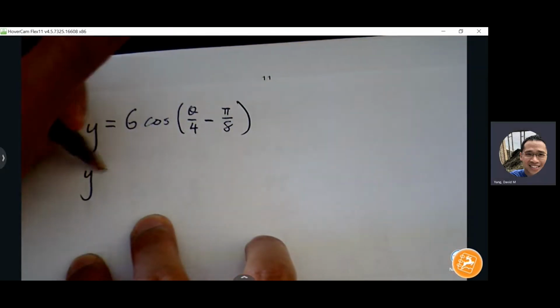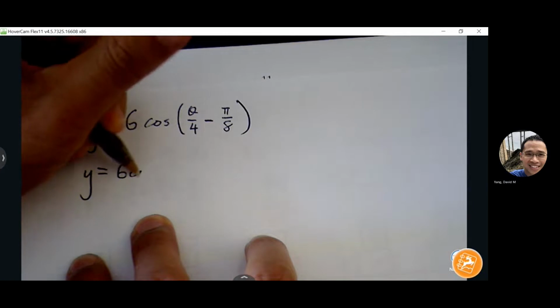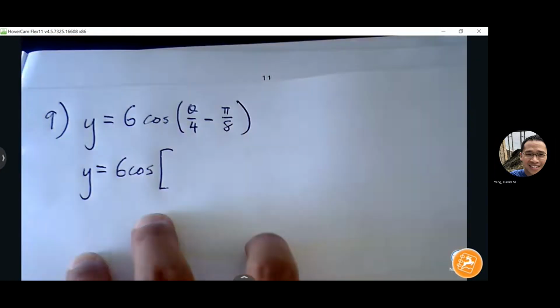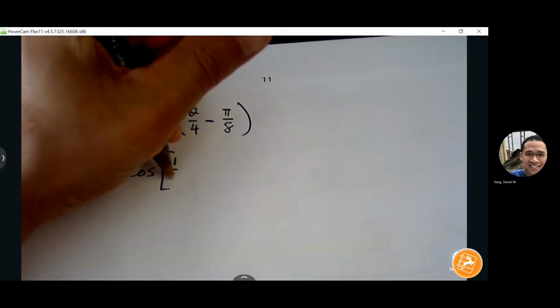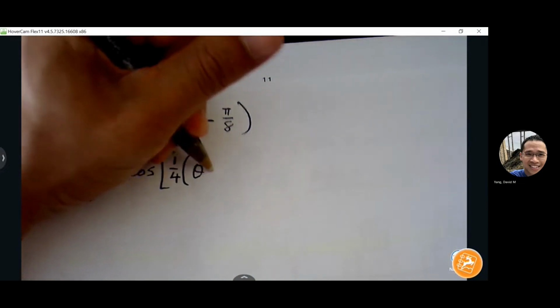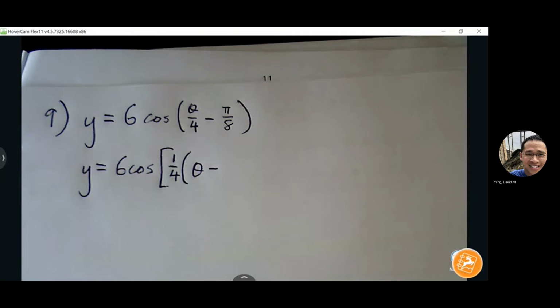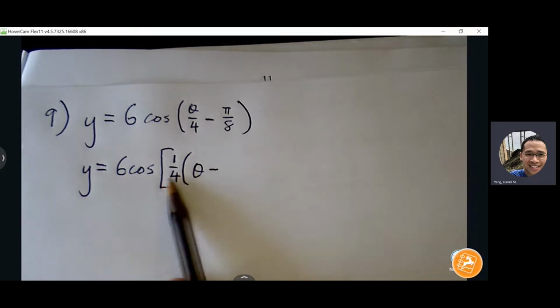Okay, this requires some cleanup, right? Okay. What is stuck to that theta that we don't want? 1/4. So we need that 1/4 to come out. That theta needs to be clean and by itself. There's a 4 here, so I need to compensate with a 4 where?